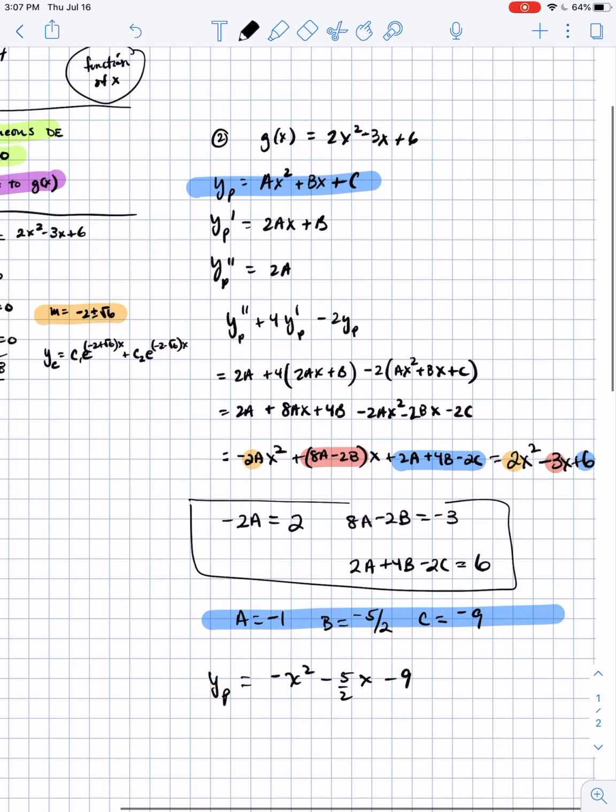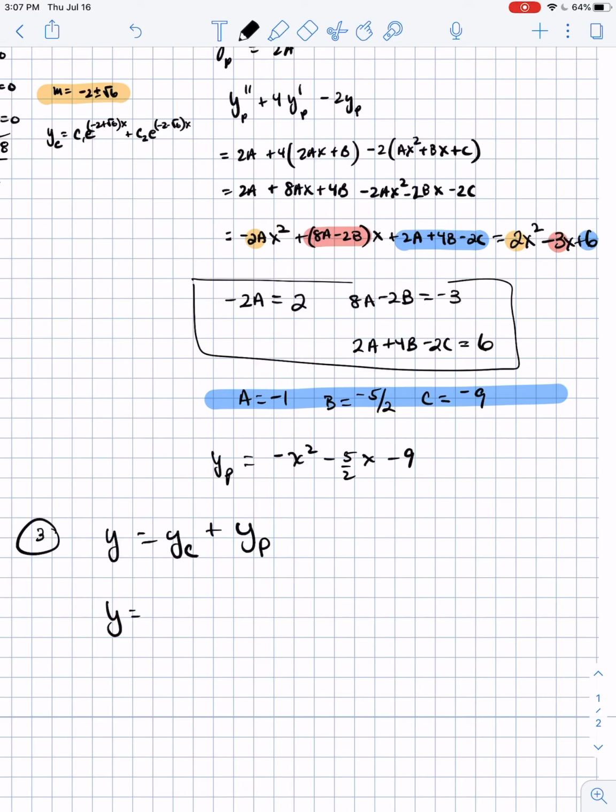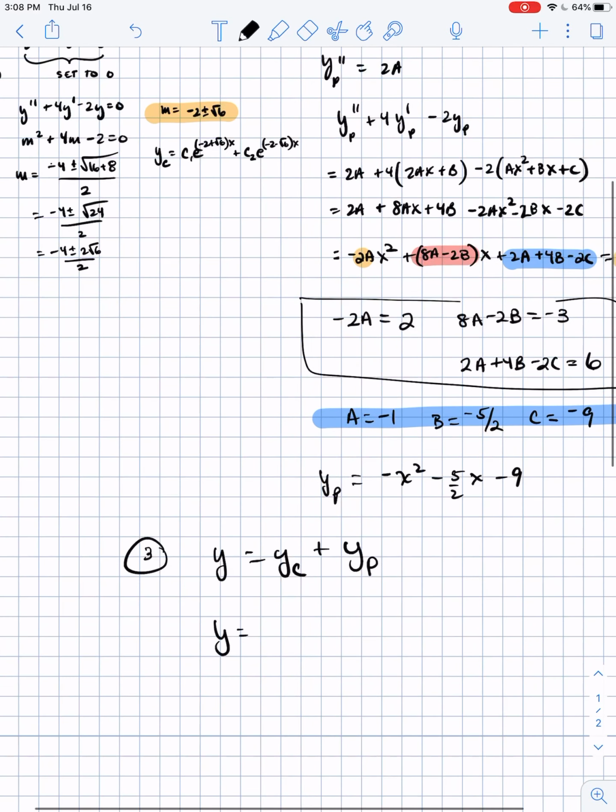And the final step in this problem is to put both types of equations together. So you're going to have y equals y of c plus y sub p. You go back to what we had for y of c, which was up here.